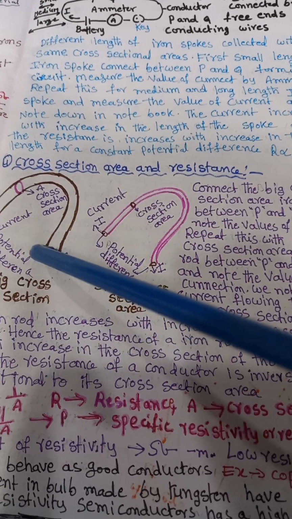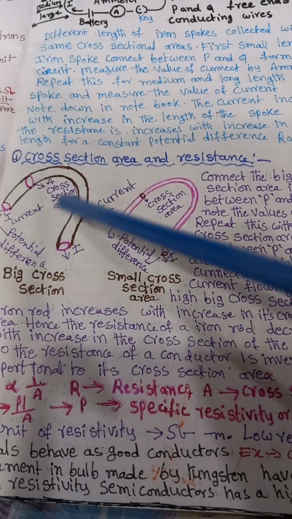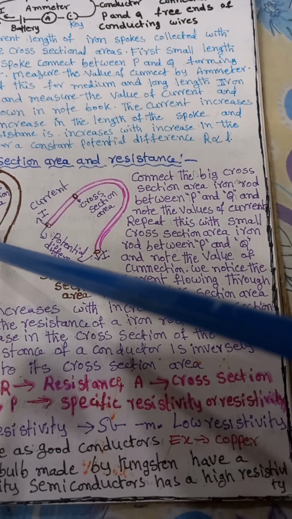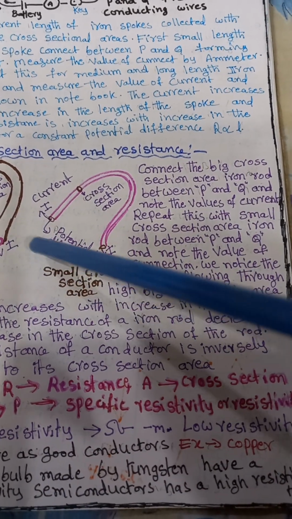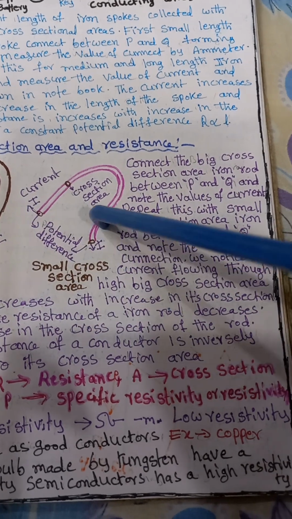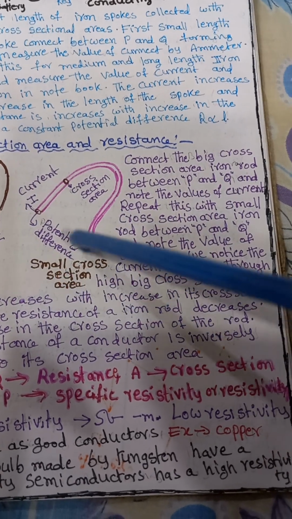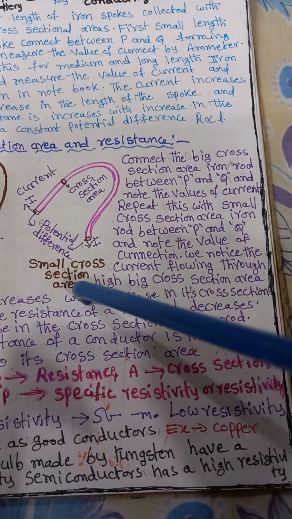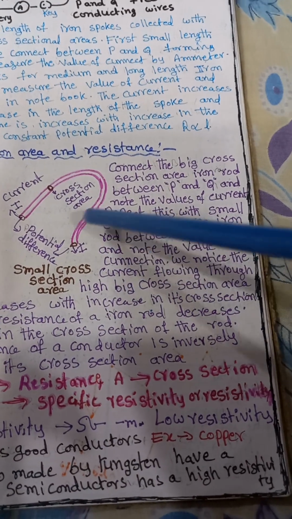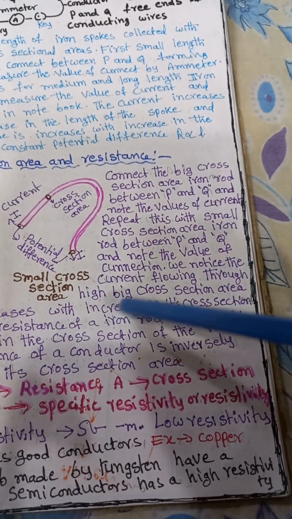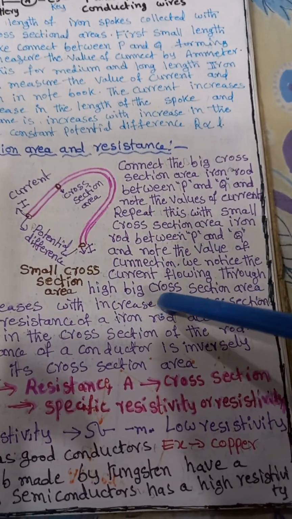First we take the big cross section conductor and observe the values of the current and resistance. Next, when we keep the small cross section area conductor, here also we observe the values of the current and the resistance.